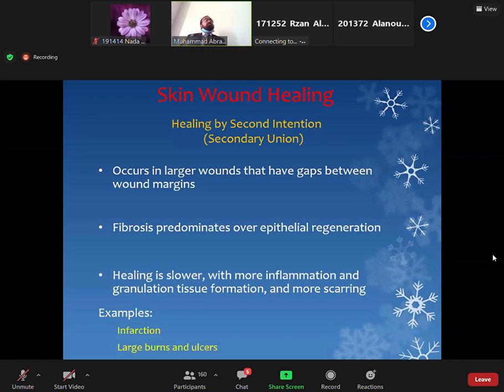So healing is slower than the primary one, with more inflammation and granulation tissue because the area is larger. Examples are infarction or large burns.